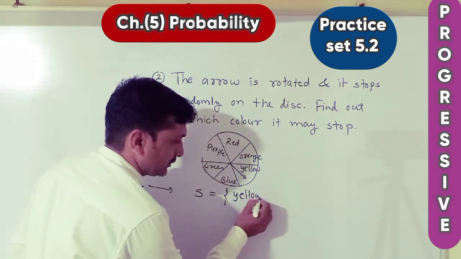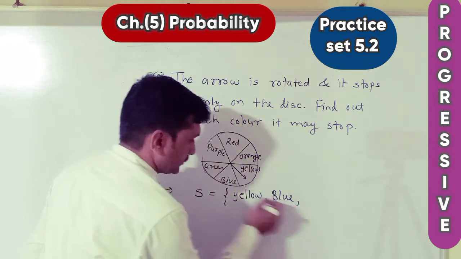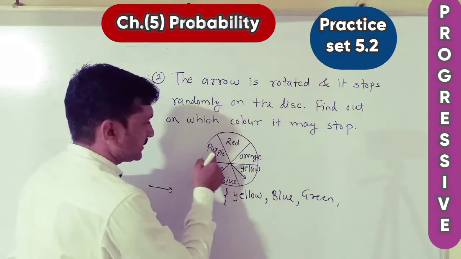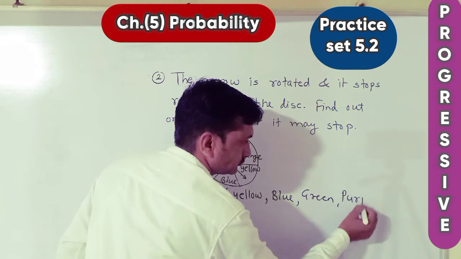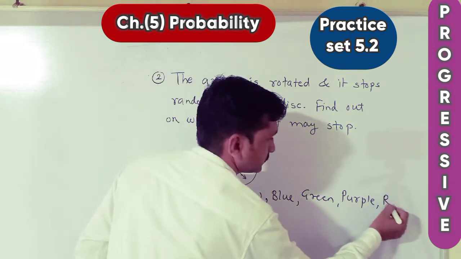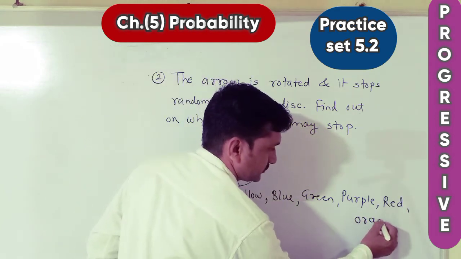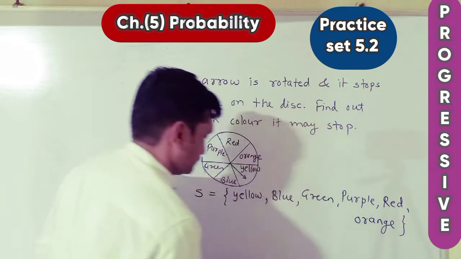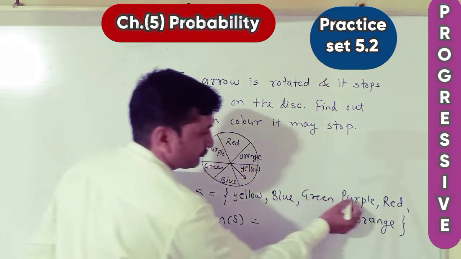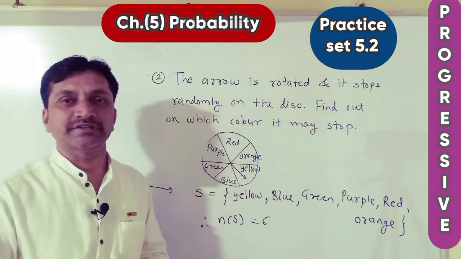First it will stop at yellow, then blue, then green, then purple, then red, at last orange. Bracket close, and therefore NS is equal to 6.